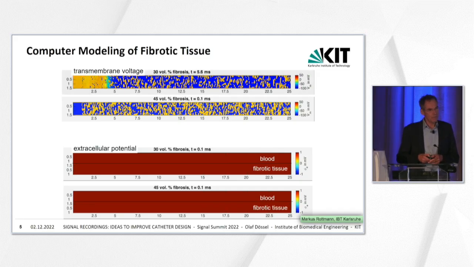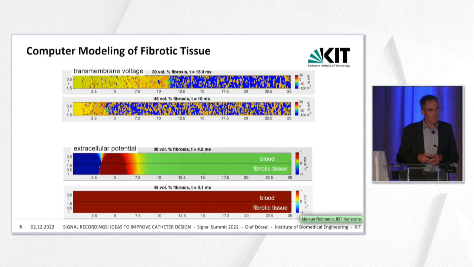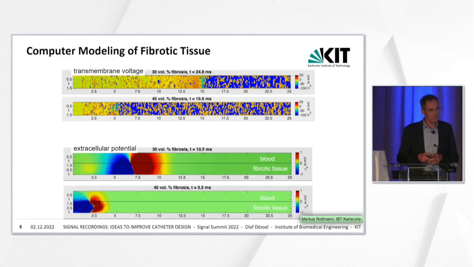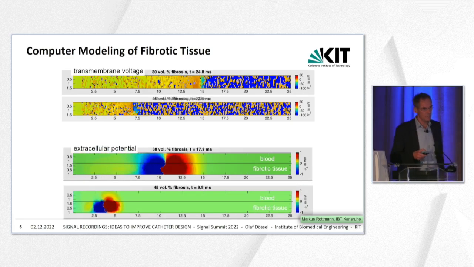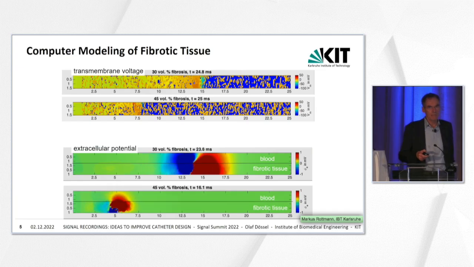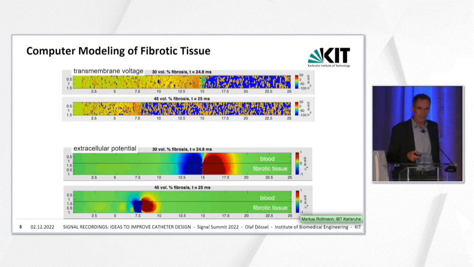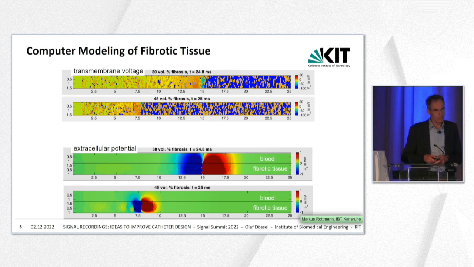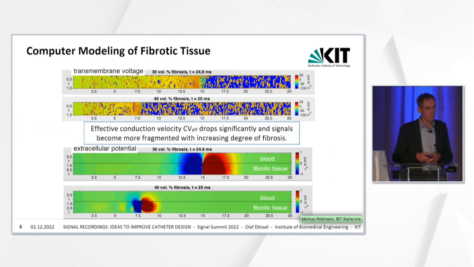And this is now a very simple model of fibrotic tissue. In the upper line, you see the transmembrane voltages, and in the lower lines, you see the extracellular potentials. I admit it's a very simplified model of fibrotic tissue. We have, meanwhile, very extended models, but the basic message that I want to tell you is already seen in these simple simulations.